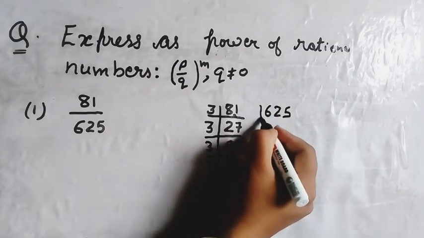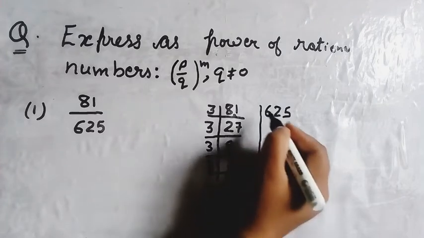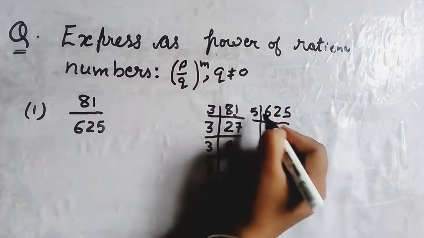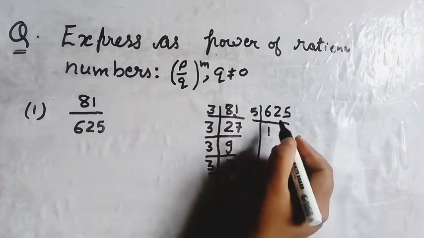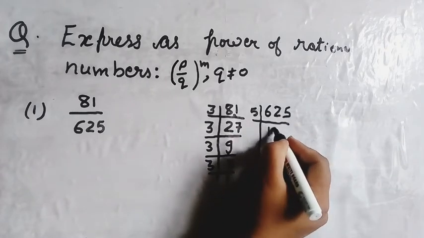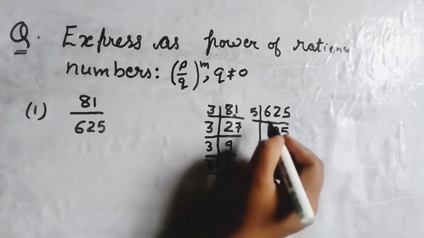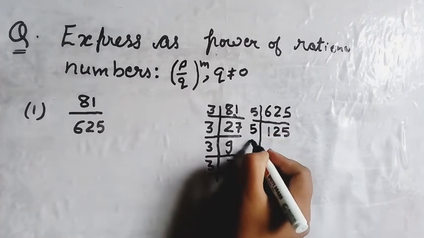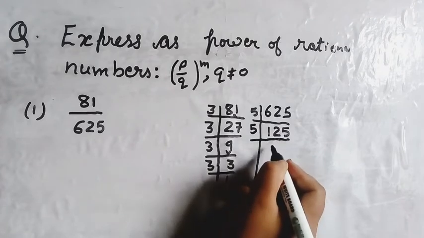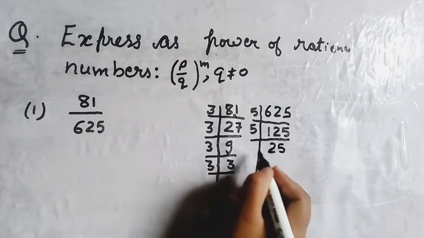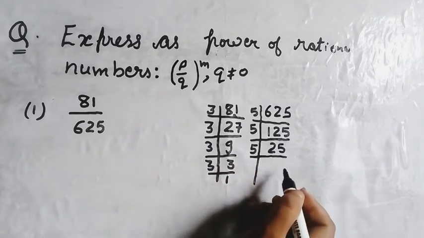And for 625, you know that 625 is divisible by 5 first of all. So 5, 125s are 625, then by 5 again, 5 25s are 125. Then by 5 again, 5 5s are 25.